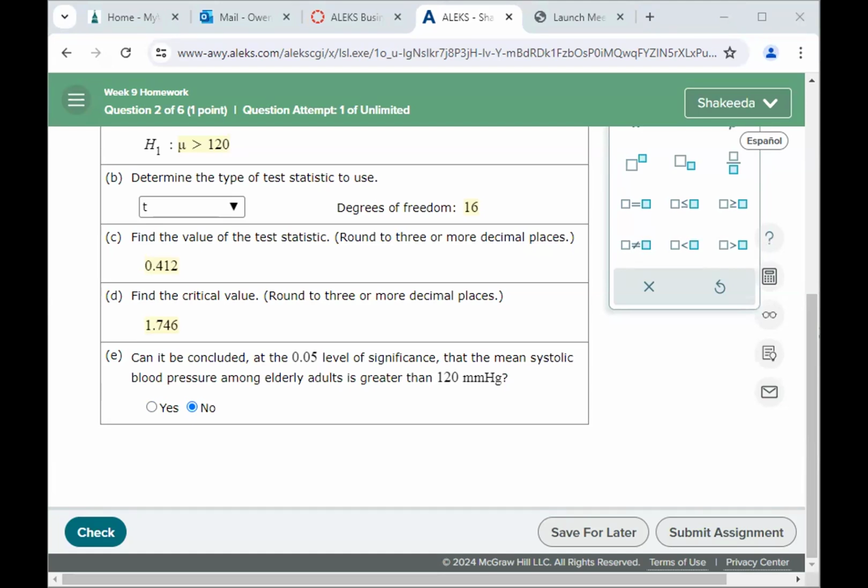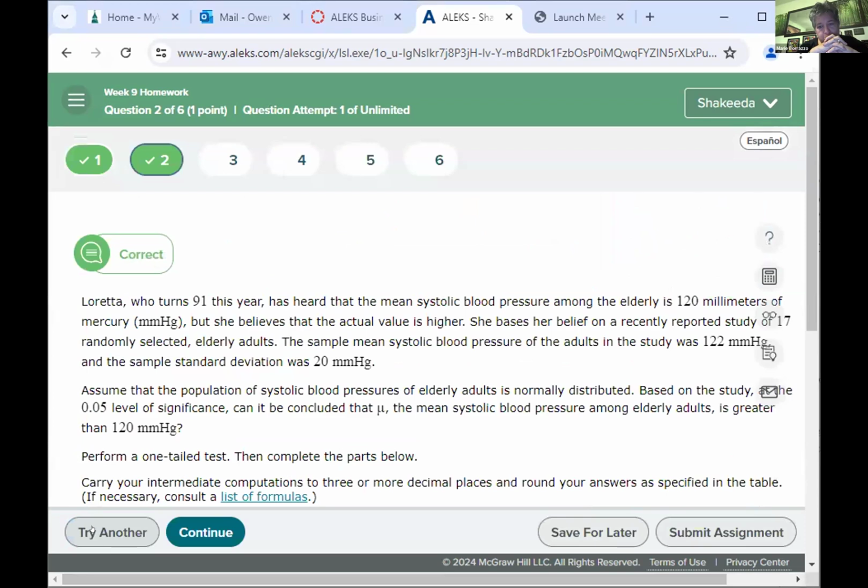No, it's not. So you're going to fail to reject the null. Correct. Fail to reject the null says they're equal, so there's no difference. They're not greater than. So yeah, you're good. I think I wrote it wrong though, the way that I was looking at it.